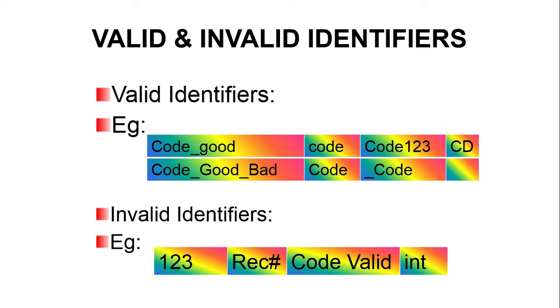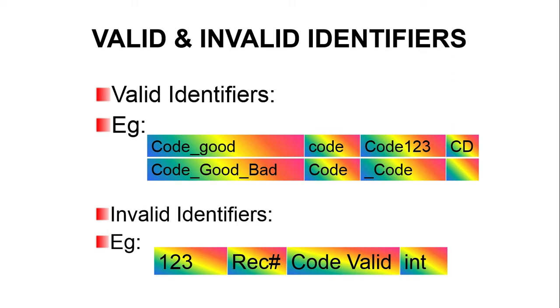Code123 is a valid identifier, but 123code is not, because you should not start an identifier with a number. These are examples of valid identifiers.